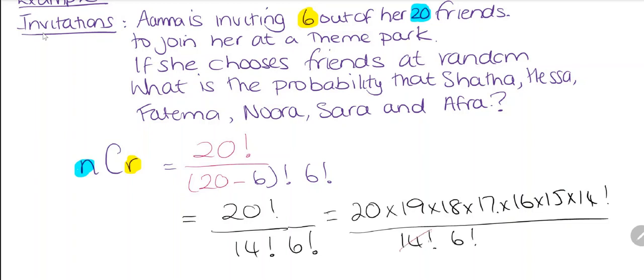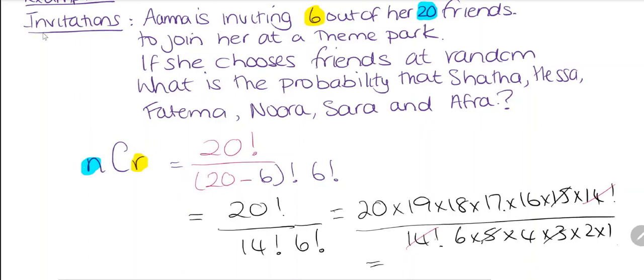Now our 14s will cancel, and we can work this out. So 6 factorial, I'm just going to rewrite that: 6 times 5 times 4 times 3 times 2 times 1. And 5 times 3 is 15, and that's all we can do.